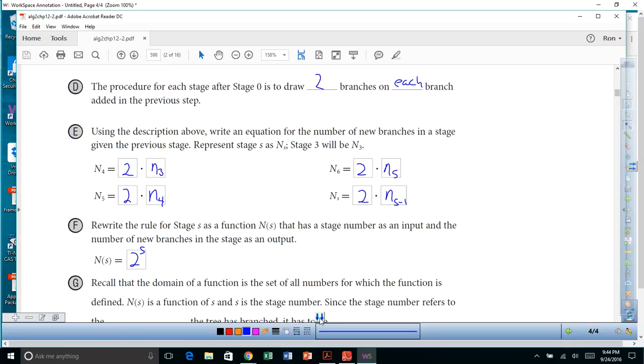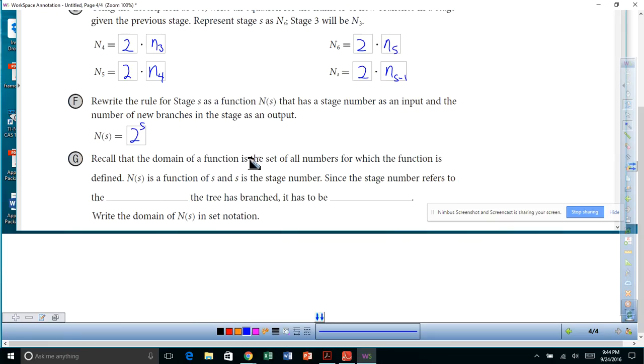Recall that the domain of a function is a set of all numbers for which the function is defined. N sub s is a function of s, and s is a stage number. Since the stage number refers to the number of times the tree has branched, it has to be whole numbers.